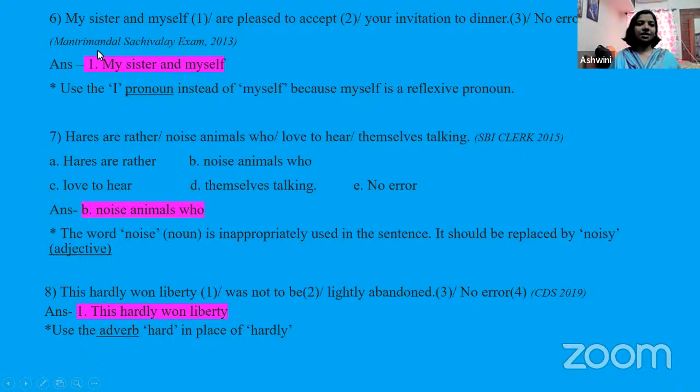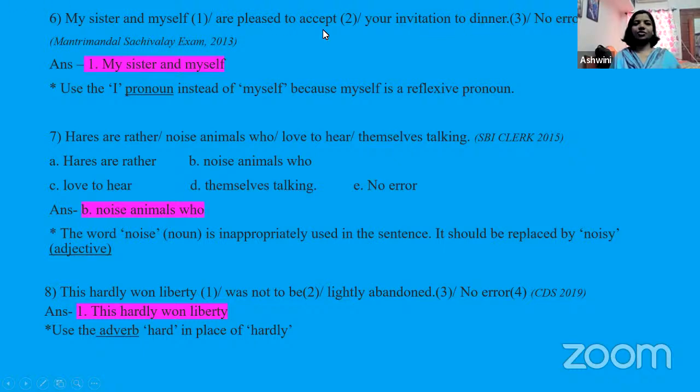Here we have a sixth example. This is again about the pronoun. Noun, noun, article, preposition, noun, and here we are dealing with the pronoun. Pronouns से कैसे question पूछे गए हैं. Now here, my sister and myself are pleased to accept your invitation to dinner.